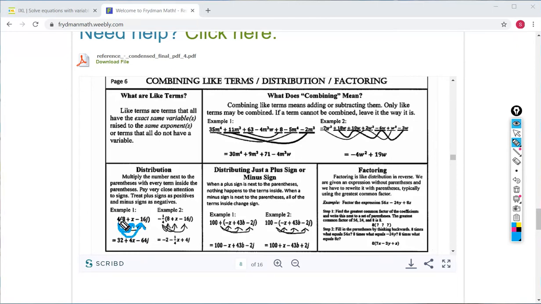So for example, this 4, that's a positive 4, times this technically is minus 16, but you can think of it as a negative 16 because it's the same thing as plus negative 16. So positive times a negative would be negative. So over here, this last term would be minus 64j. Again, we're sort of using minuses and negatives interchangeably here. All right, so that's a very quick review of combining like terms and distribution.